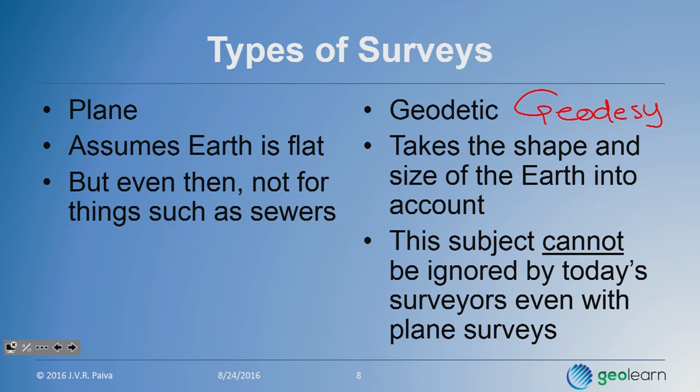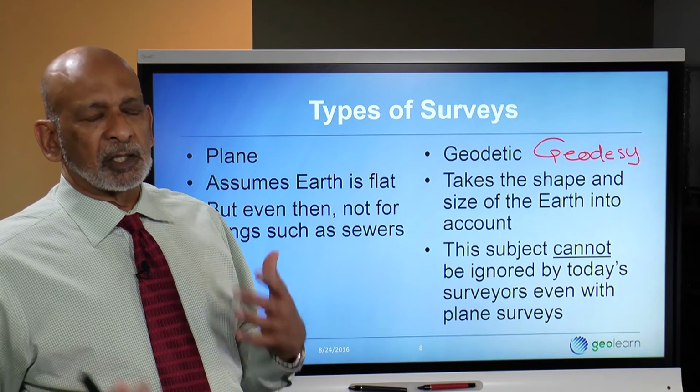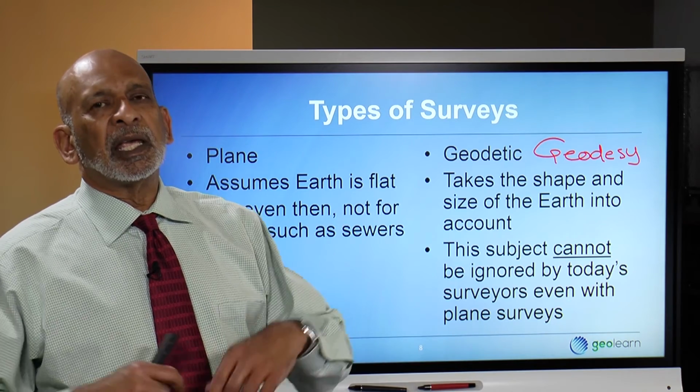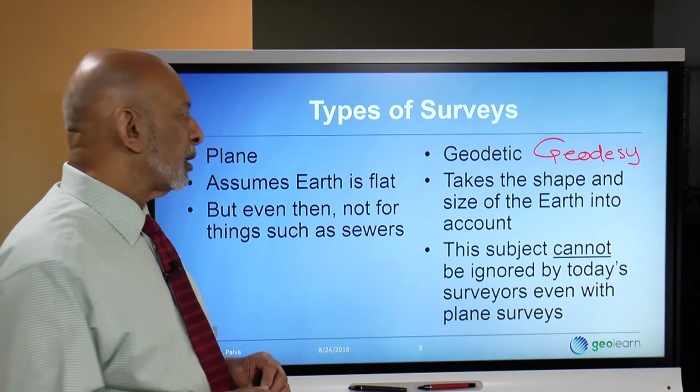In fact, a lot of geodesy is simply making measurements on the surface of the Earth that tells us how far apart 2 points are, how they relate to each other, taking the curved nature of the Earth into account.